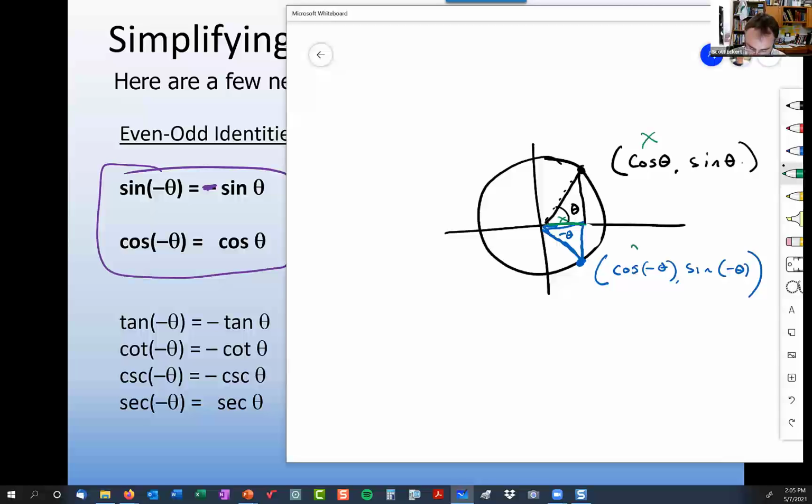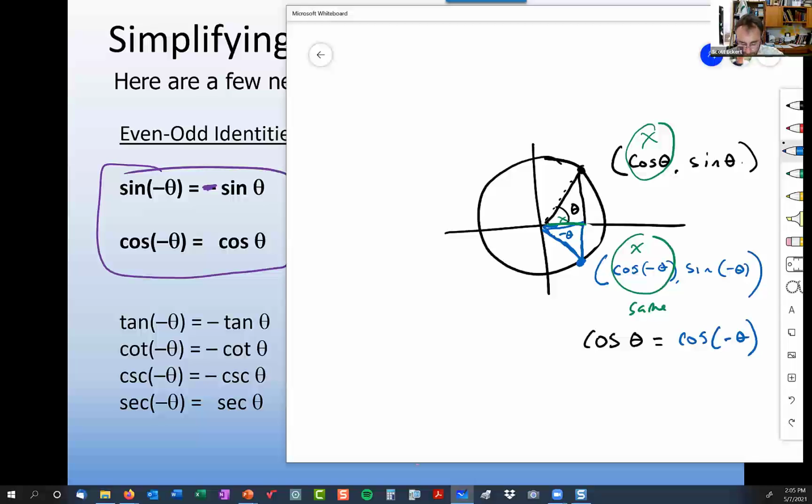But when I go on the bottom, it is also x. Because in quadrant 1, x is positive, and in quadrant 4, x is positive. These have to be the same. So it's a quick visual argument that cosine of theta equals cosine of negative theta. You plug a negative angle into cosine, it's the same as the cosine of the positive angle.